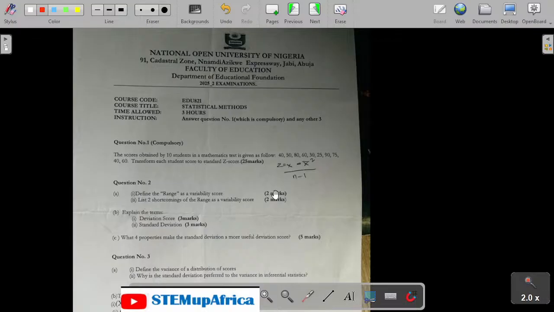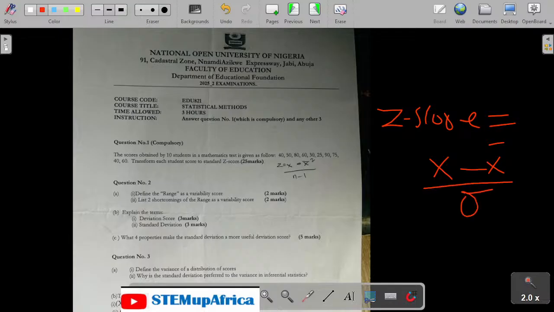So the question, what is the formula for Z score? Z score is written as x minus mean over standard deviation. That's the formula for Z score. X minus mean, which is x bar, over standard deviation.